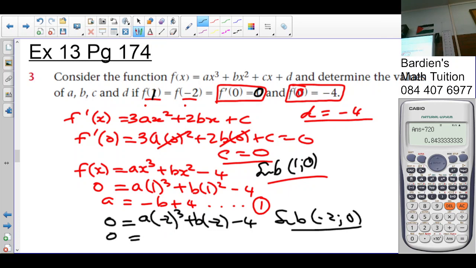So 0 is equal to negative 8a plus 4b minus 4. If you want, you can divide by 4. So I have 0 is equal to 2a minus b plus 1. This is equation 2.